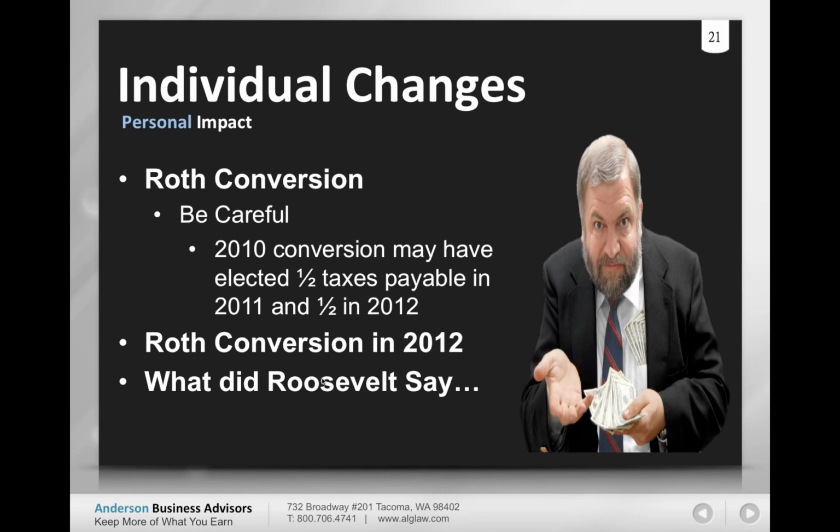Especially if you had, say, $150,000, $200,000 now in a traditional IRA and you're transferring that to a Roth IRA. I'm picking up 100,000 in 2011, 100,000 in 2012. That kills my adjusted gross income, puts me into a higher tax bracket, and may have even cost me more money than I originally planned for.